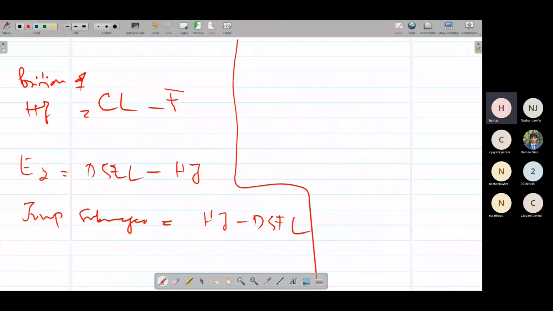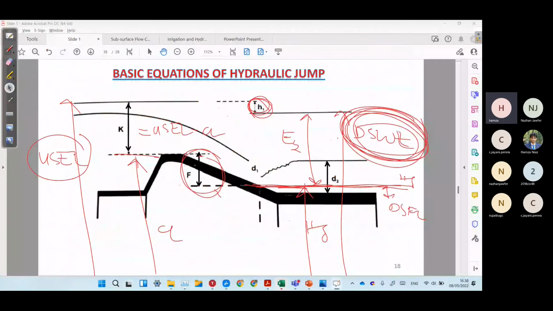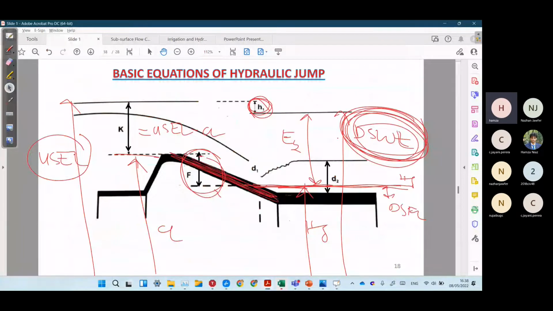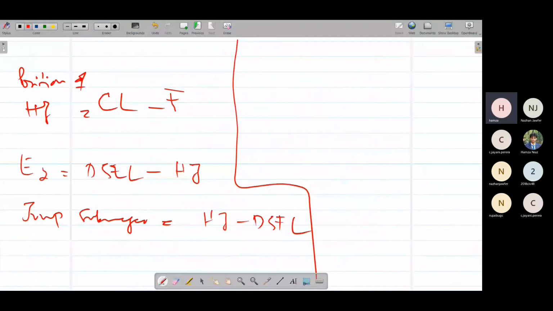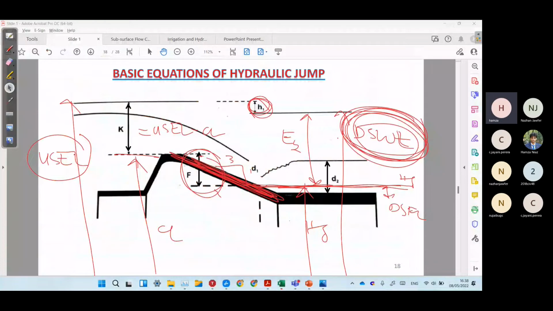After this jump submergence, we have to calculate the length of glacis. We are assuming that the slope is 3:1. That 3 is horizontal, 1 is vertical. So the length of glacis would be 3 times this total value.